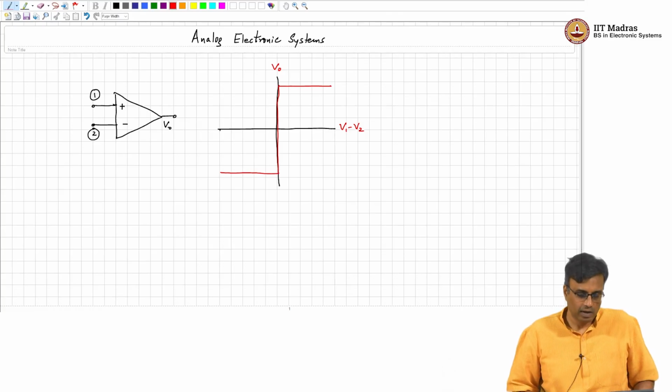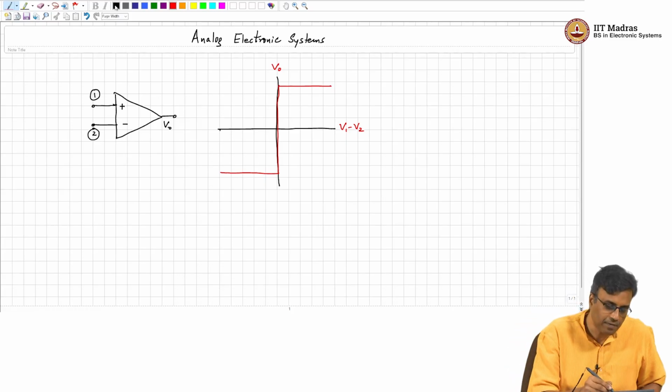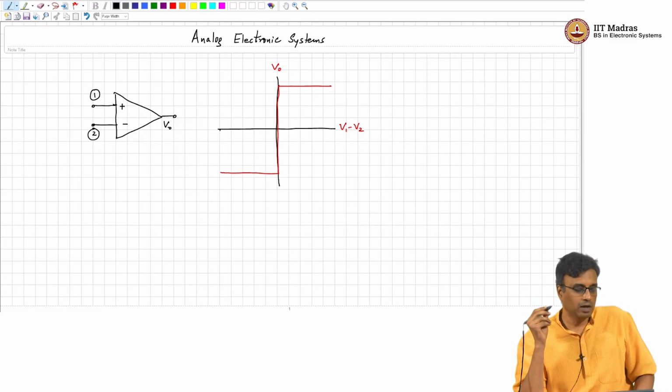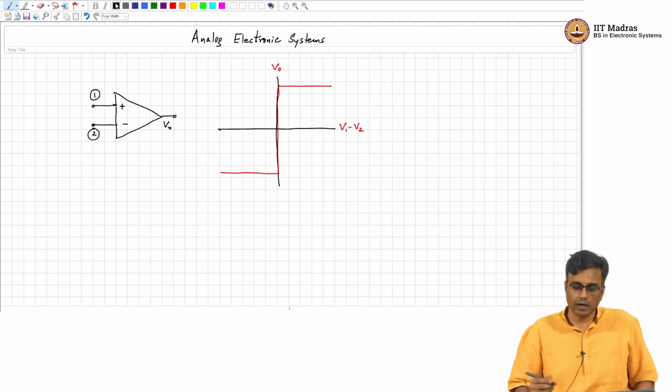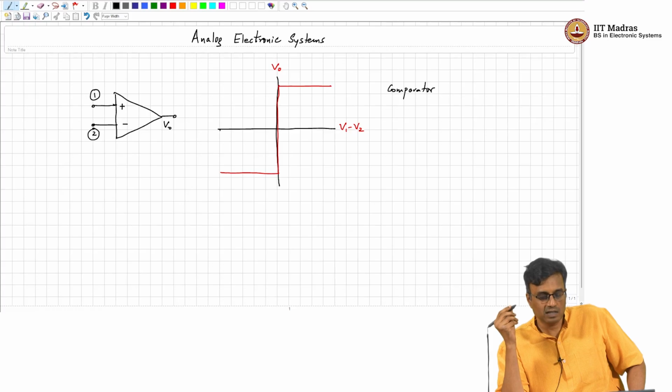Now, this characteristic itself as such is useful because it helps you figure out whether this characteristic is that of a comparator.